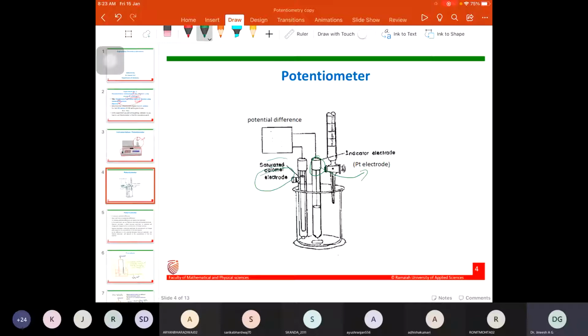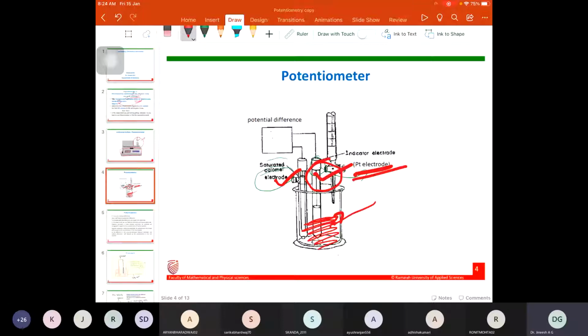Consider you have a beaker. In this beaker, you put some solution. You dip a calomel electrode as well as a platinum electrode. This platinum electrode will change its potential based on the concentration of the solution you have taken. If the concentration of the solution increases or decreases, the potential generated in the platinum electrode will change.